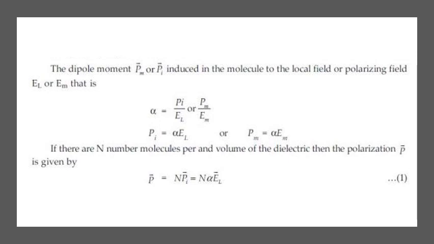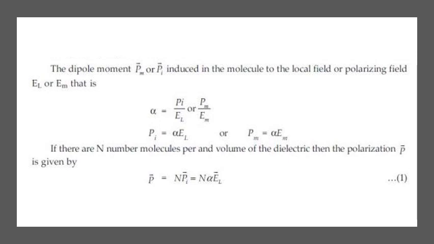Now, the dipole moment P i or P internal is induced in the molecule by the local field or polarizing field. The induced dipole moment P i is equal to alpha E local, and we also know that P i is equal to alpha E internal.